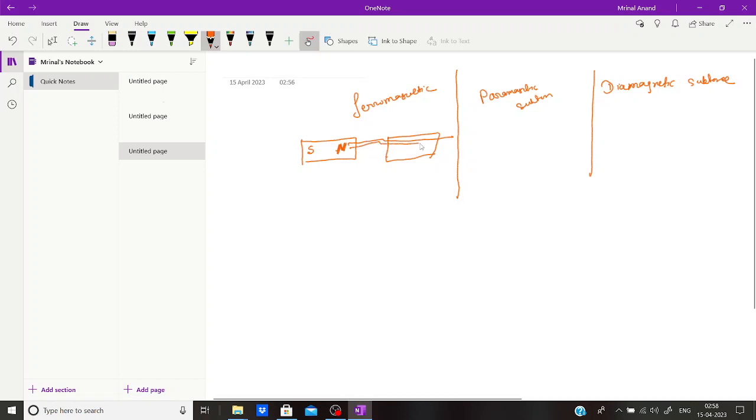All these magnetic fields will pass through this ferromagnetic substance, and its domains, or its internal particles, will shift from 90 degrees and move along the direction of the magnetic field.